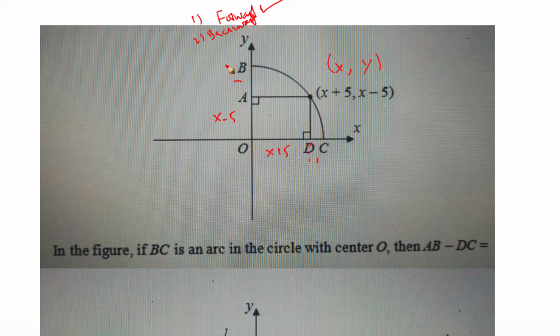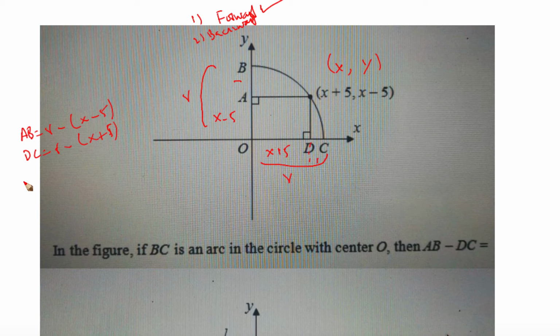So the radius is, let's say, this complete length is the radius and this complete length is also the radius. So how can we write AB? AB is equal to R minus (X minus 5) and DC is equal to R minus (X plus 5). Basically this question needs no formula, just simple arithmetic. So we need AB minus DC.